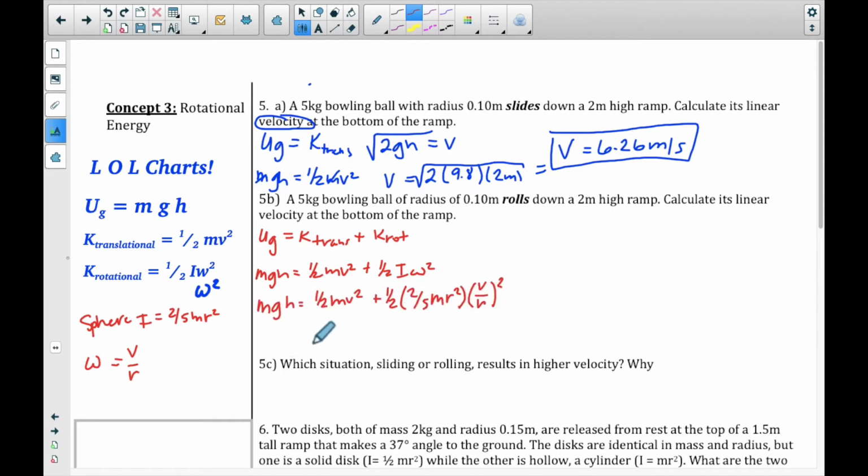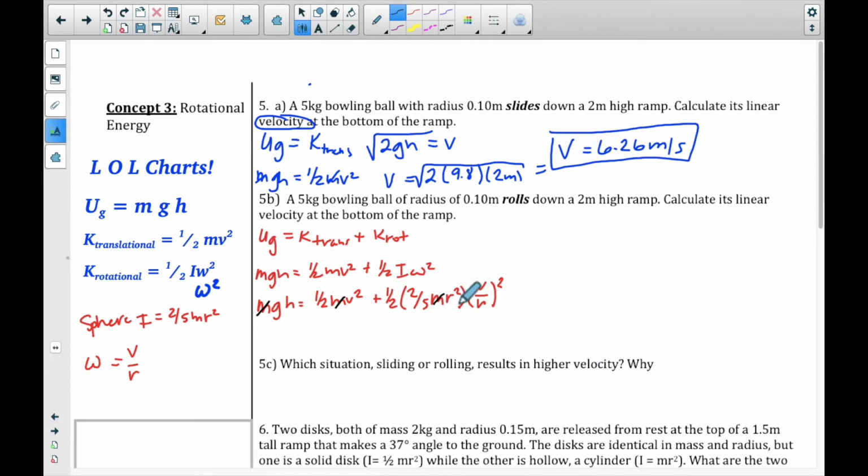And so I have mgh equals 1/2 mv squared plus 1/2 times, now I plug this in, 2/5 mr squared, and for my angular velocity changing over to linear it is v over r, and that gets squared. Now I'm going to look at what I can cancel to make my life a little bit easier. There is an m in all of it, so the masses will cancel.